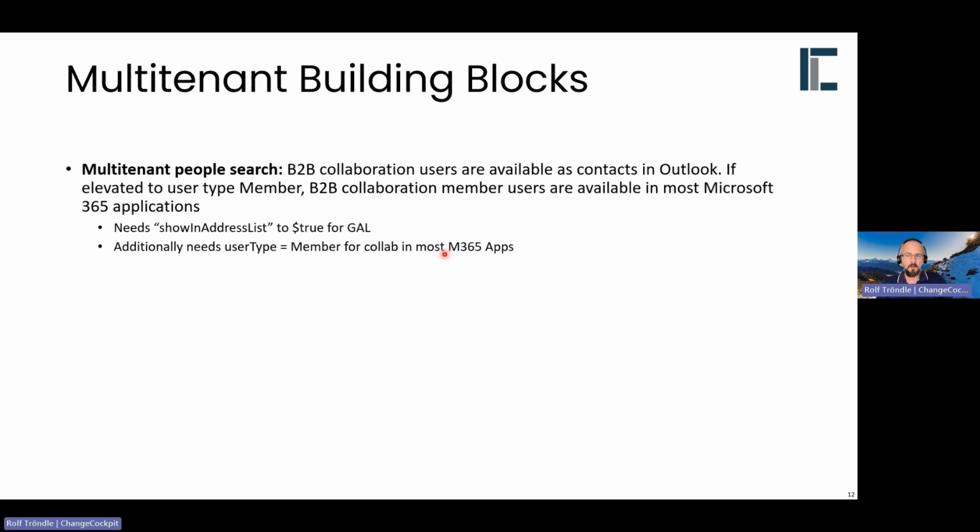Then another building block for multi-tenant organization is the feature of multi-tenant people search. That's only possible if you do a multi-tenant organization configuration. This can't be done individually. It's just a feature, a part of the multi-tenant organization configuration. So if you configure multi-tenant organization, then these B2B collaboration users will be visible in your Outlook, for example, in your global address list.